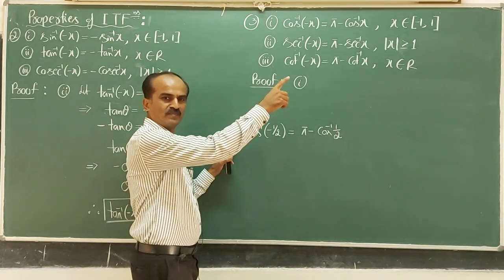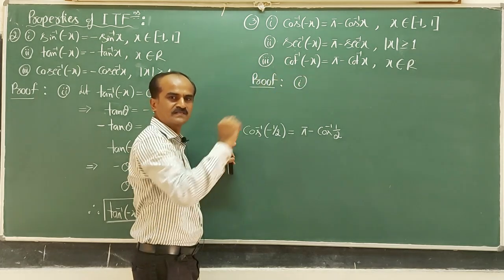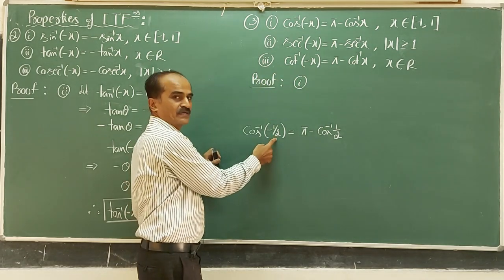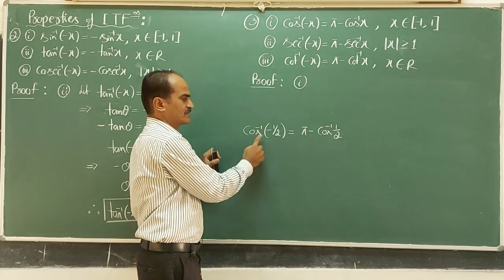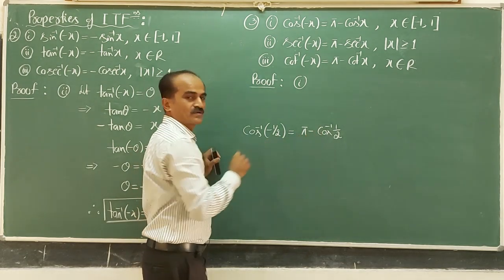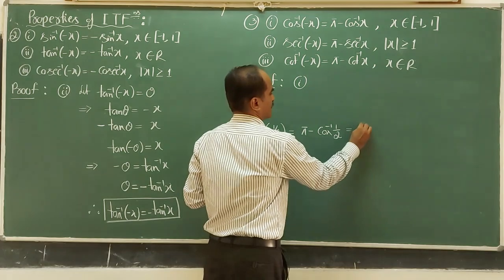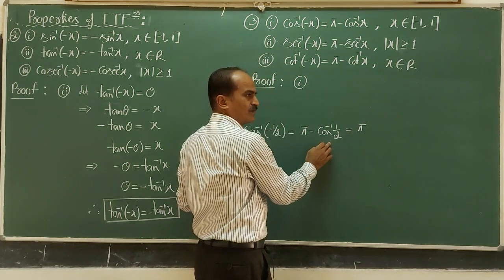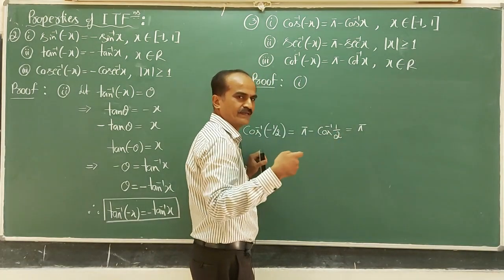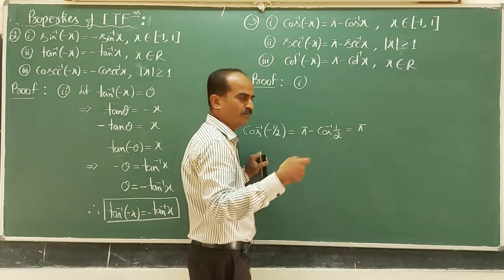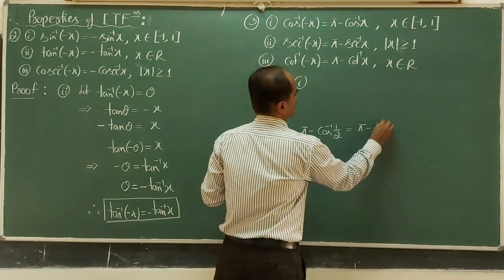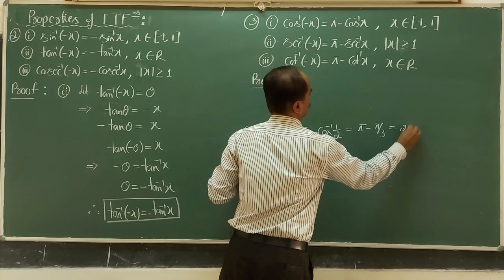Cos inverse of minus x is what? Pi minus cos inverse x. Here x is 1 by 2 with a minus sign. Now, easy to identify this cos inverse of 1 by 2. When x is positive, it gives us acute angle in the range 0 to pi by 2. So, it is pi minus pi by 3, that is equal to 2 pi by 3.